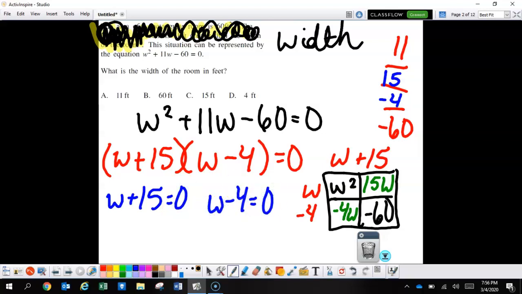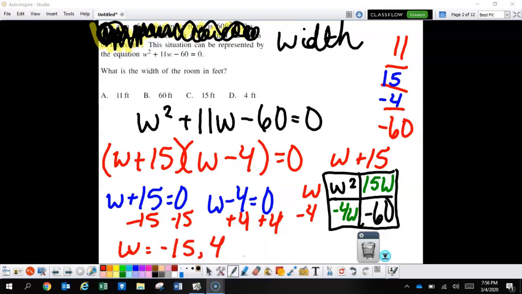And then that's where you solve for w. Subtract 15, add 4, so w is equal to negative 15 and positive 4. But width is a real life situation. We want it to be a positive number, right? Okay. So width should be positive.